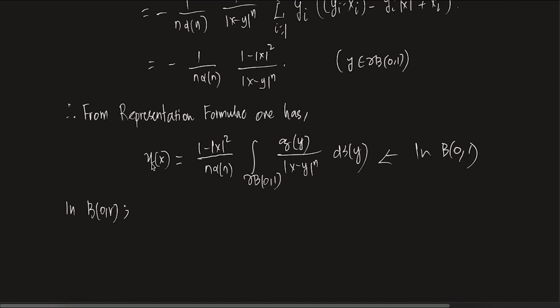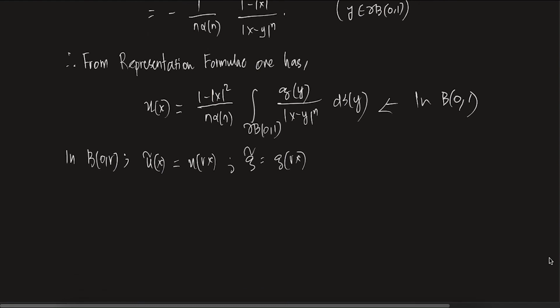You just replace u by u tilde, which is u of rx. So in a ball with center 0 and radius 1 this is the formula. In a ball with center 0 and radius r, you just have to scale u accordingly, so x is getting scaled to rx. And similarly g will be g of rx.